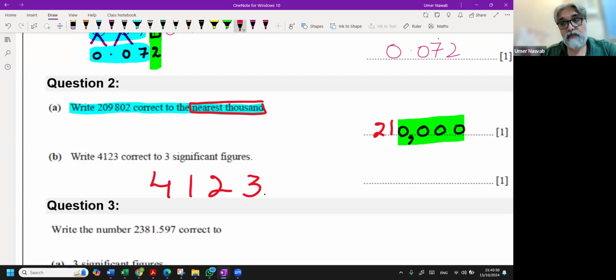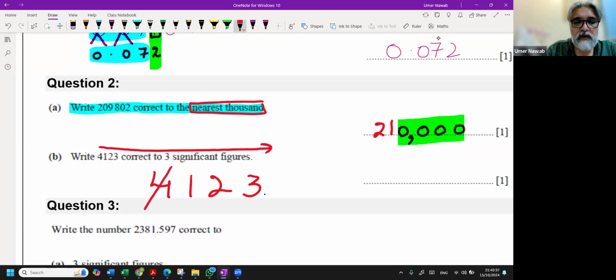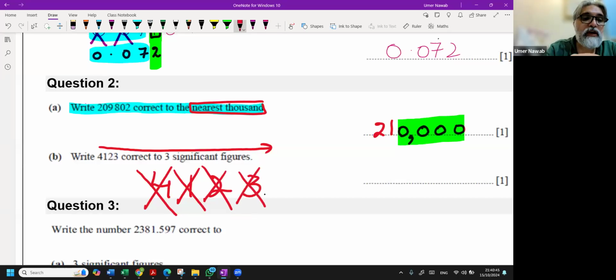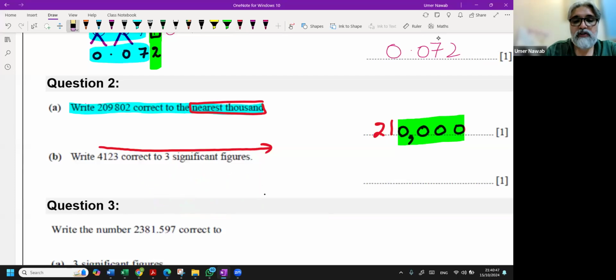As you know, the rule says the significant figures always start from the left-hand side. So this is my first significant, second, third, and fourth significant. So the number 4123 is written to 4 significant figures, but I want to write this number to 3 significant figures.